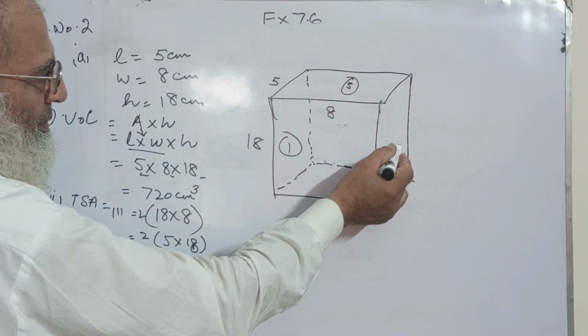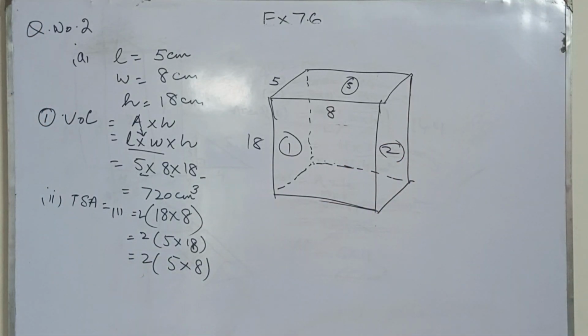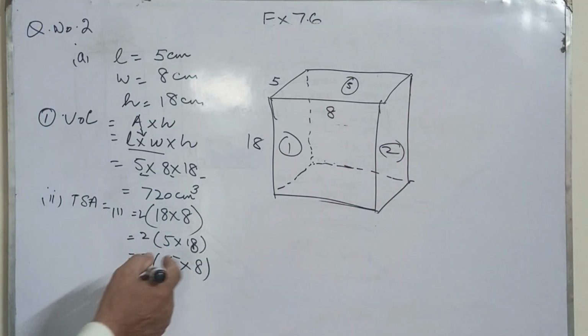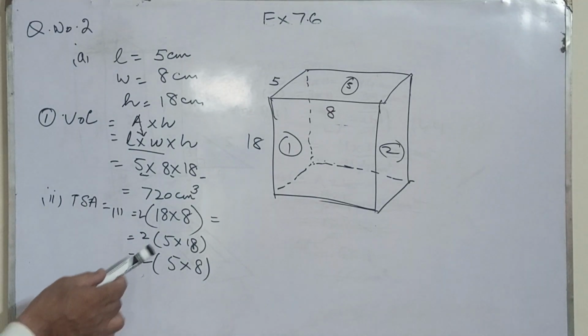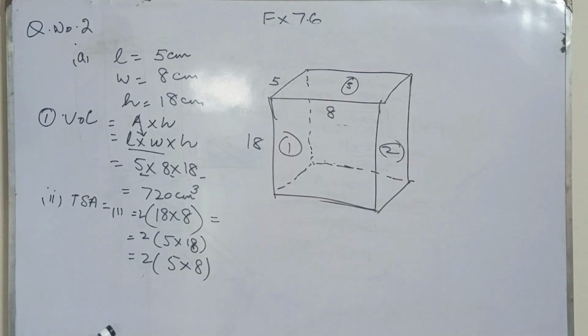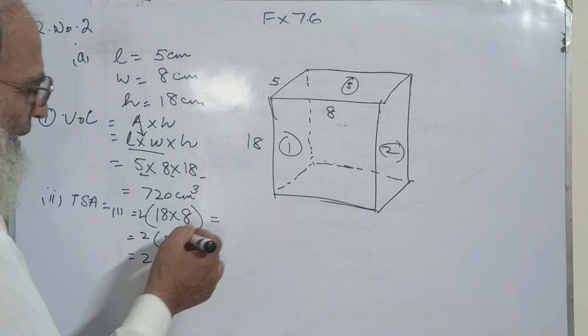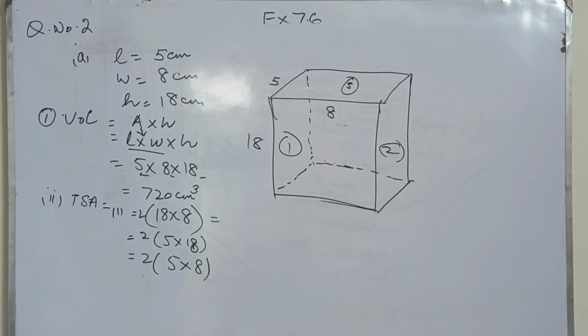Just make them encircled so you do not mix them up, just as I did. So you see what I told you, that one dimension will be repeated. This is repeating over here, over here, and over here. So 18 multiplied by 8.